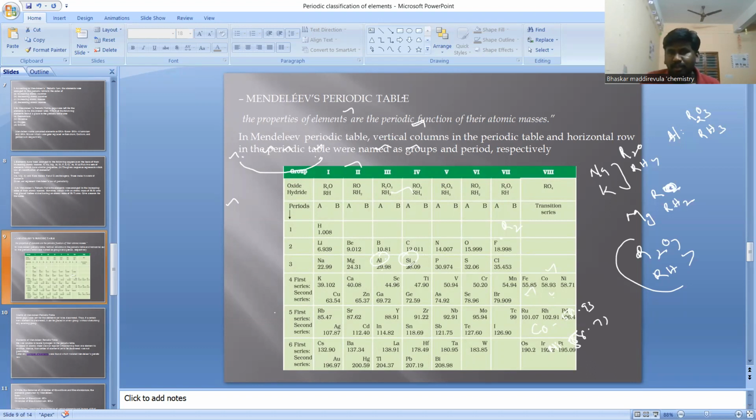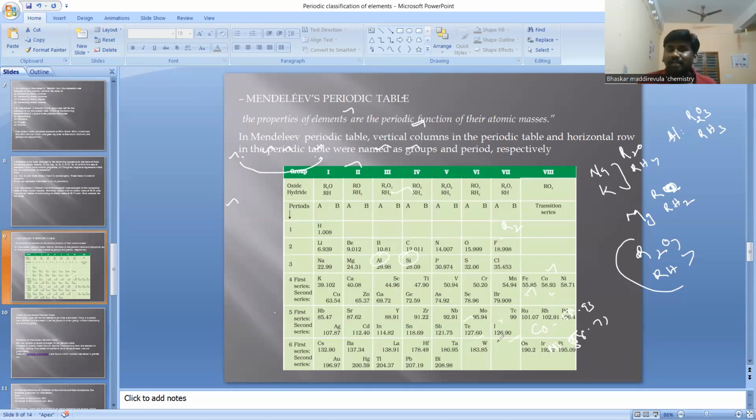Here you can see one more reverse order: tellurium and iodine. Tellurium has an atomic mass of 127 and iodine has 126. Here also you can see some reverse arrangement.